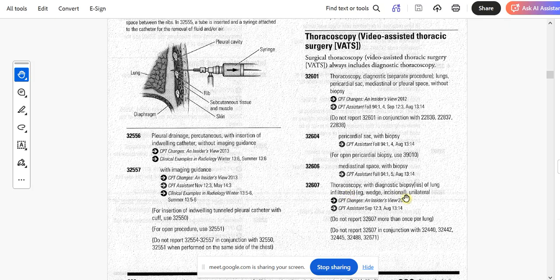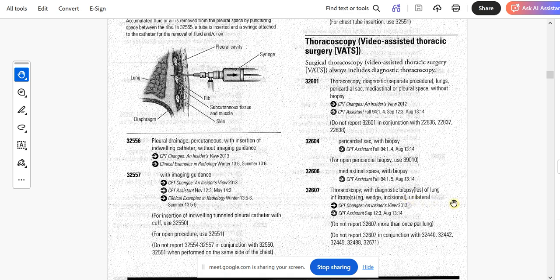Thoracoscopy with diagnostic biopsy. The very first code, 32601, thoracoscopy diagnostic. So they're trying to detect disease in the lungs, pericardial sac, mediastinum, pleural space without biopsy. If they do biopsy, that is surgical.